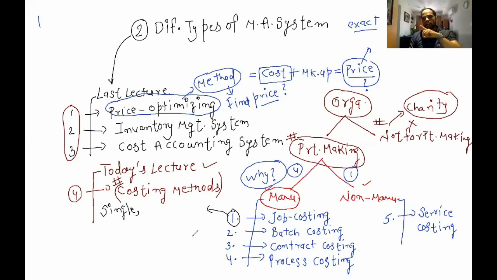Single in nature means when a customer comes to order that product, generally, not exceptionally, the customer orders just a single product. Customers do not order more than one, right? If we have that kind of product, we will apply the job costing method to estimate the cost of that product. The second criterion is time.